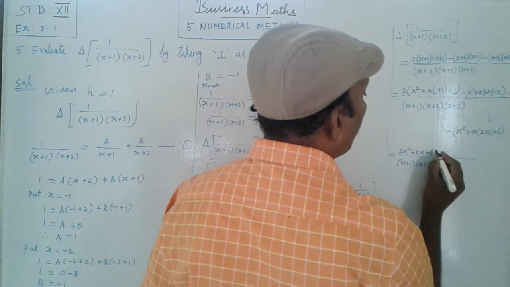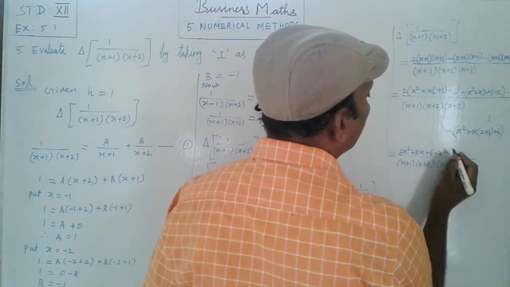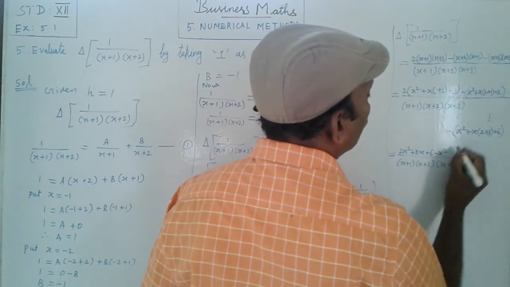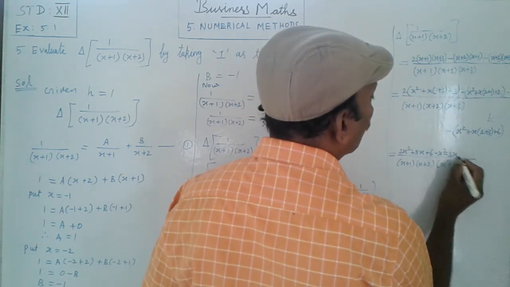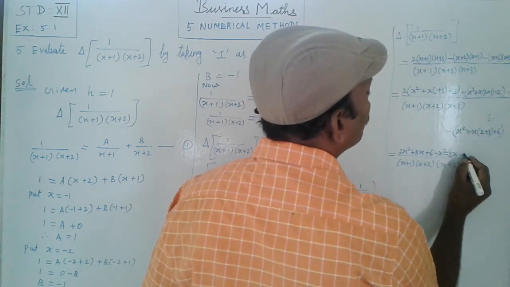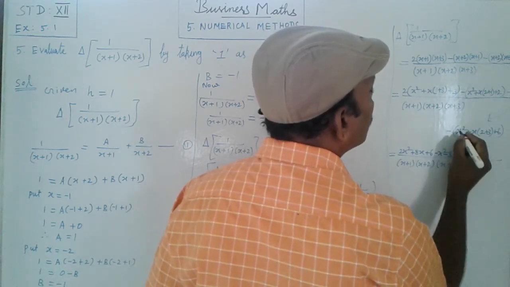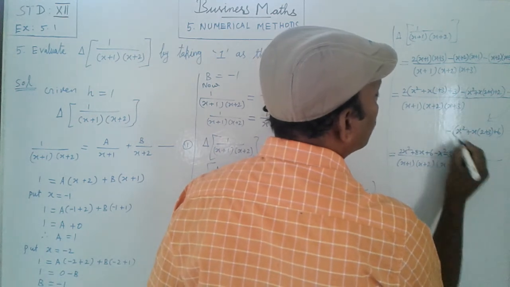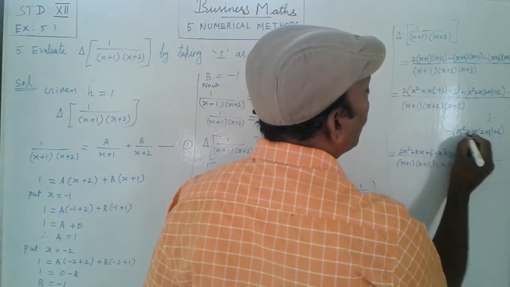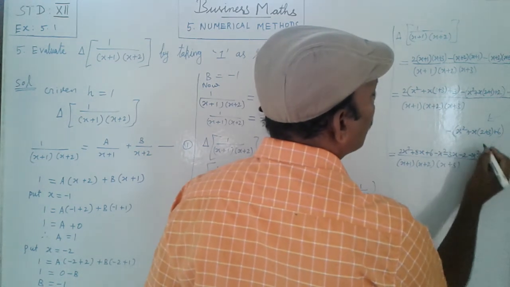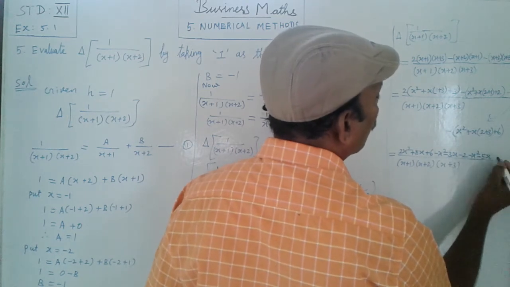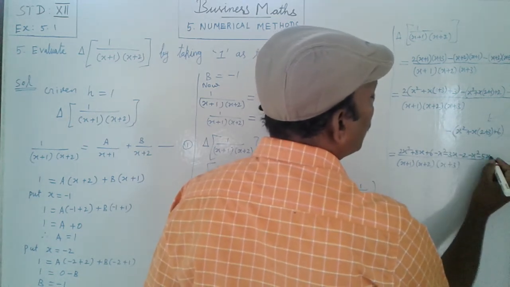Next minus x square. Minus into plus is minus. 2 plus 1 is 3, minus 3x. Minus into plus is minus 2. Next, minus into plus is what? Minus x square. Minus into plus is minus. 2 plus 3 is 5x. Minus into plus is minus 6.